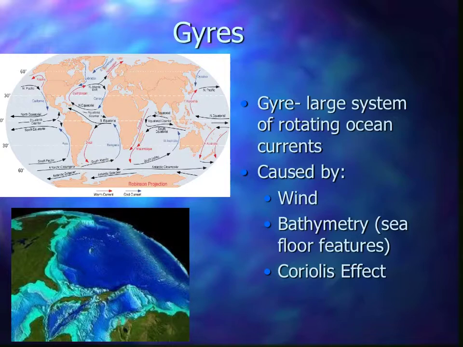And snipers actually take this into account. If they're doing a really, really long shot, they would have to aim to the left a little bit in the northern hemisphere because of the way the Earth is turning. That bullet is going to curve slightly to the right, and that same effect plays into the role with the currents too. So by and large, the currents are going to go clockwise in the northern hemisphere and counterclockwise in the southern hemisphere, and those are called gyres.